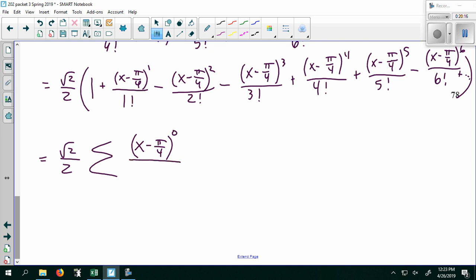The denominator is a factorial. My first one is a 0 factorial. So make this n and make this n factorial, and we're going to start n at 0. And the directions said don't worry about the negatives when you write the general term. Okay, good. I didn't want to.